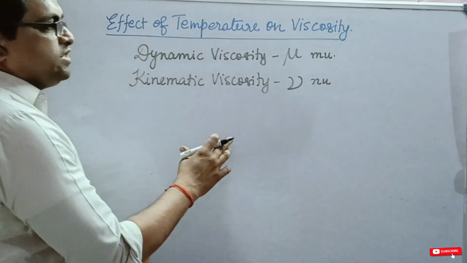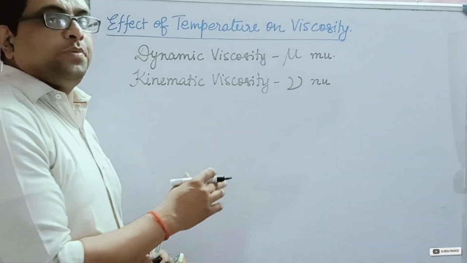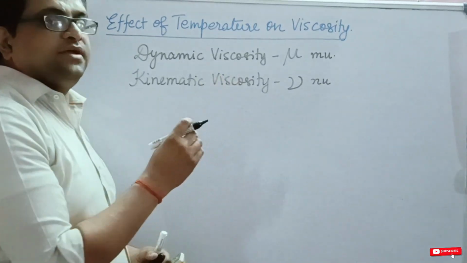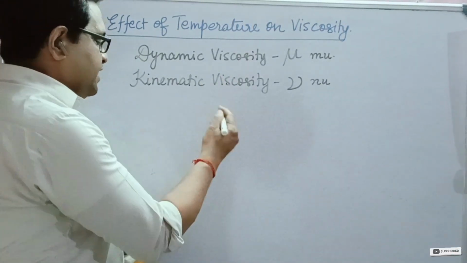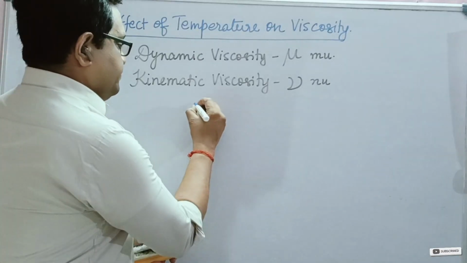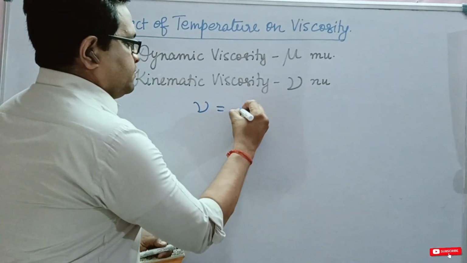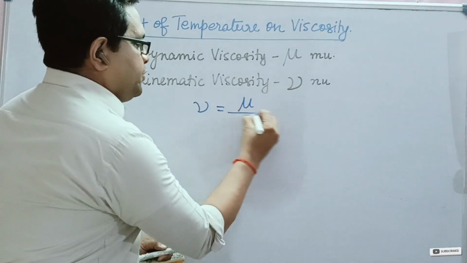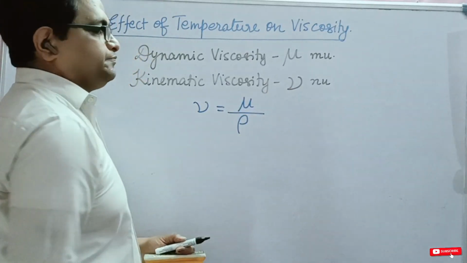This kinematic viscosity is defined as the ratio between the dynamic viscosity and the density of the fluid. So mathematically, nu is equal to mu upon rho.